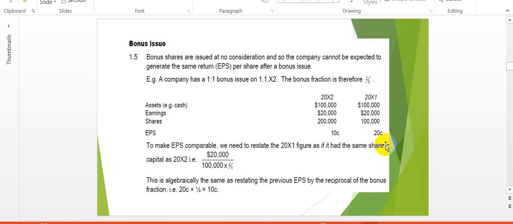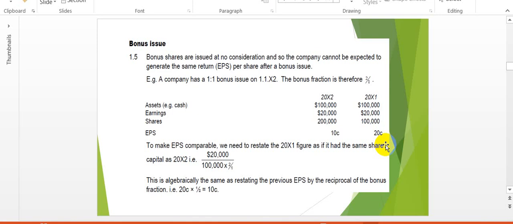So you expect those assets to generate the same earnings of 20,000 in 20x2 as it did in 20x1. But you notice that the number of shares has increased because of the bonus issue. In 20x1 we had 100,000 shares, we now have 200,000 shares in 20x2. So when you compute your EPS for 20x1, you get 20 cents. For 20x2, you get 10 cents.